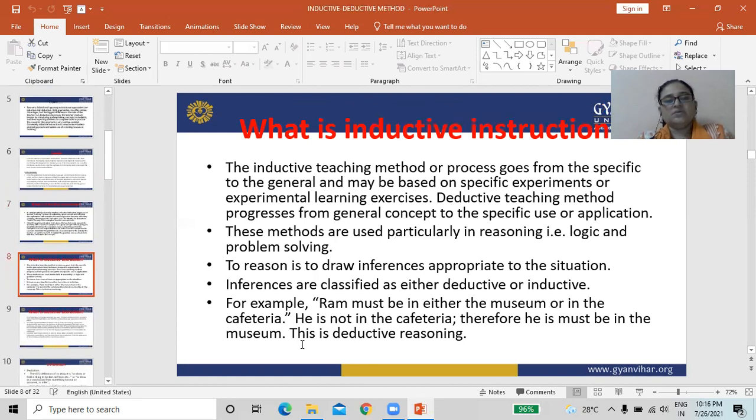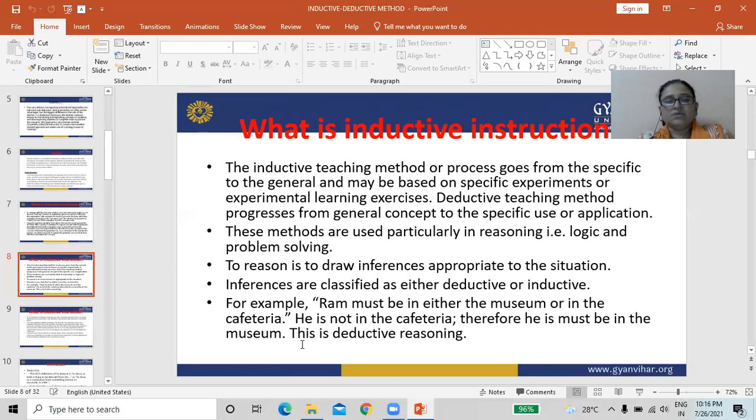The inductive teaching method or process goes from the specific to the general and may be based on specific experiments or experiential learning exercises.